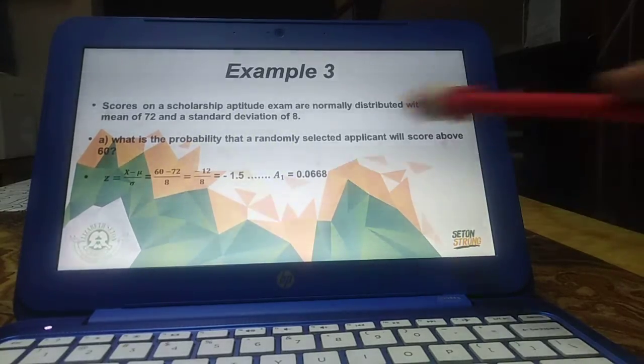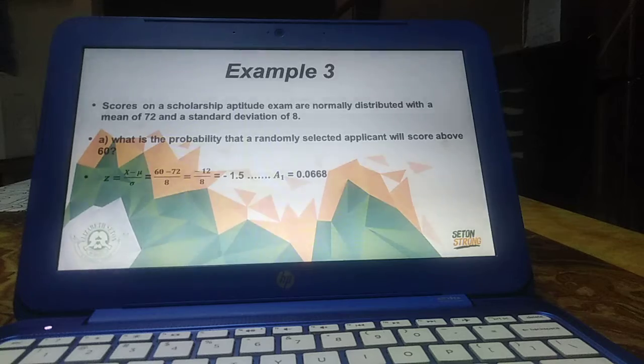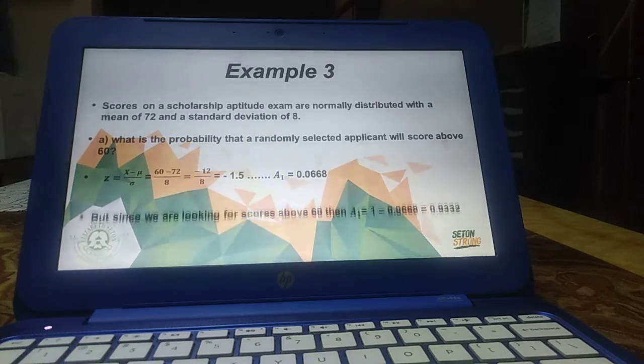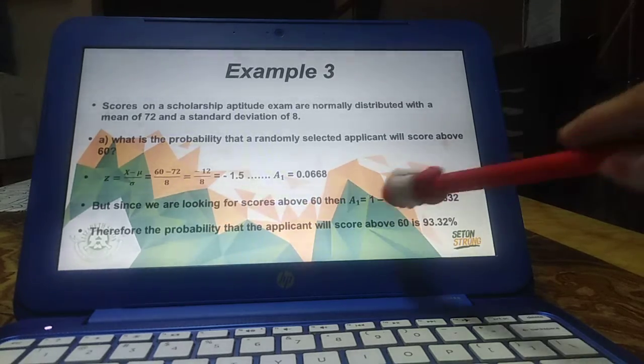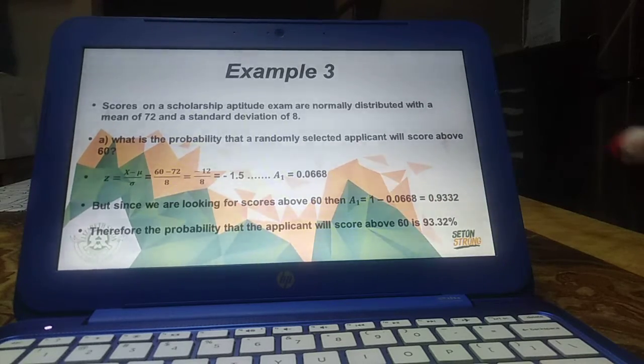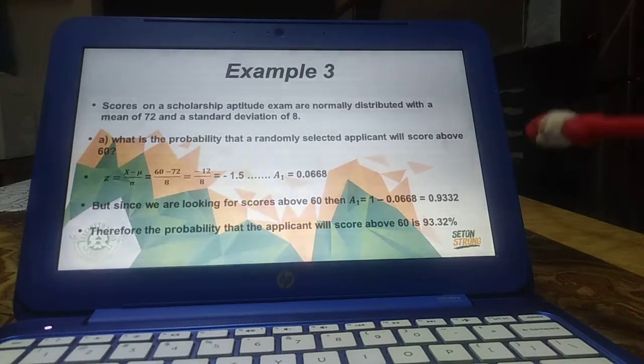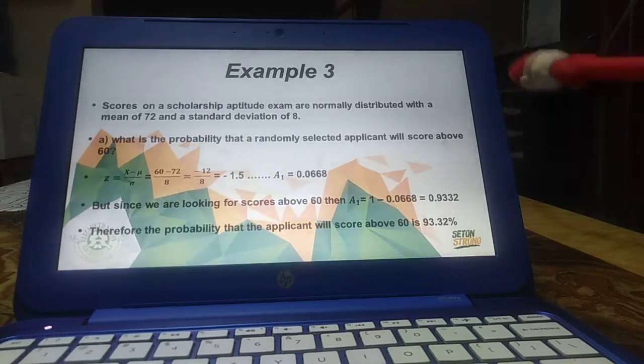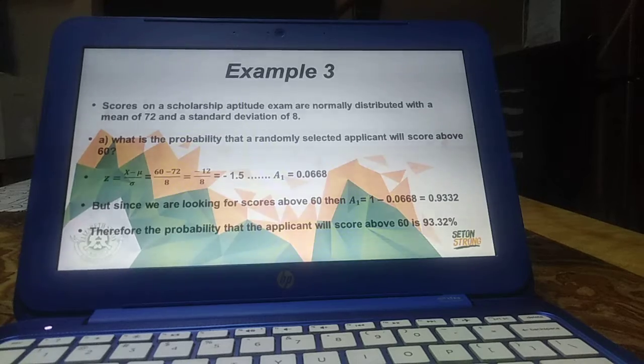But again, we're looking for scores above 60. So this area of 0.0668 will have to be subtracted from 1, giving us 0.9332. Therefore, the probability that the applicant will score above 60 is 93.32%.